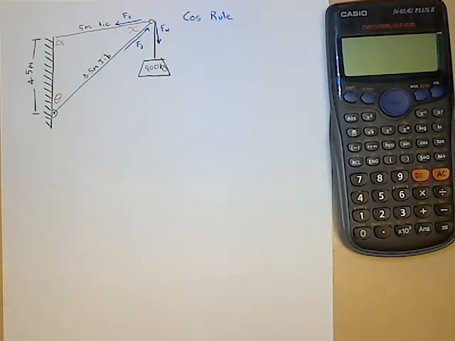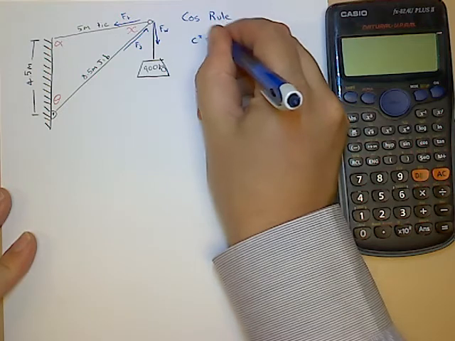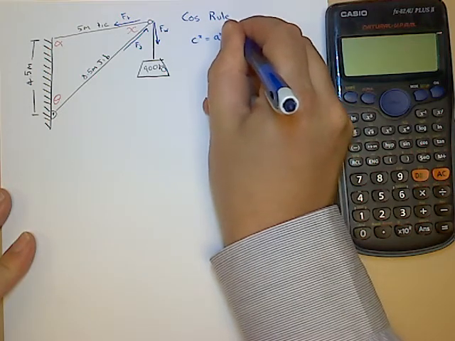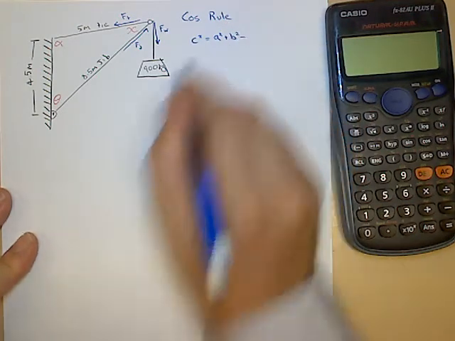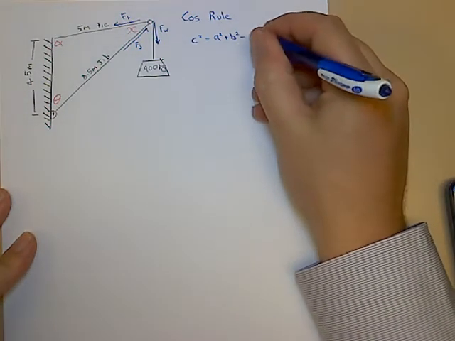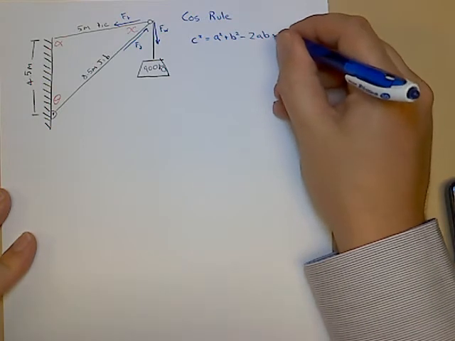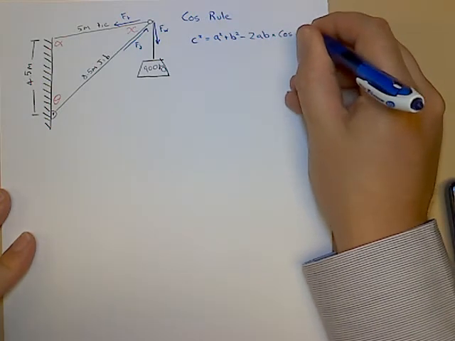The way that you normally see it is c squared equals a squared plus b squared minus 2ab times cos C.